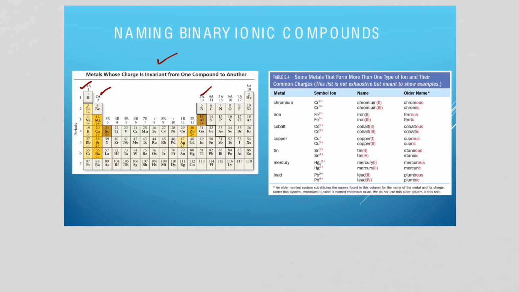Now, you'll notice on this table out of the book, there's a couple more that I will point out. While I haven't asked you to memorize them as single charge ions, it'll make life easier if you can remember that these two particular transition metals always form the same charge, right? So we can classify them under this group, right? Zinc is always positive 2, silver is always positive 1.